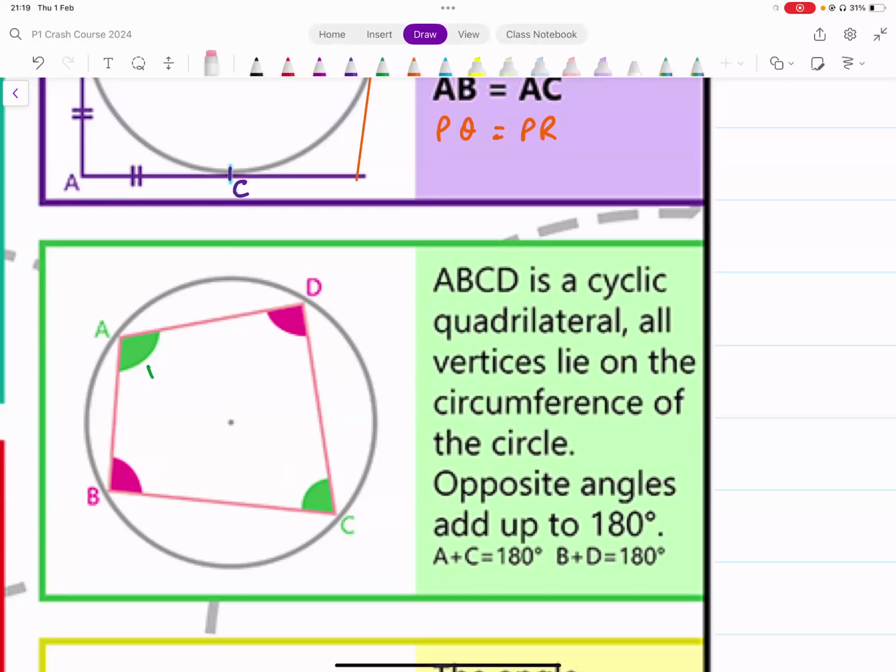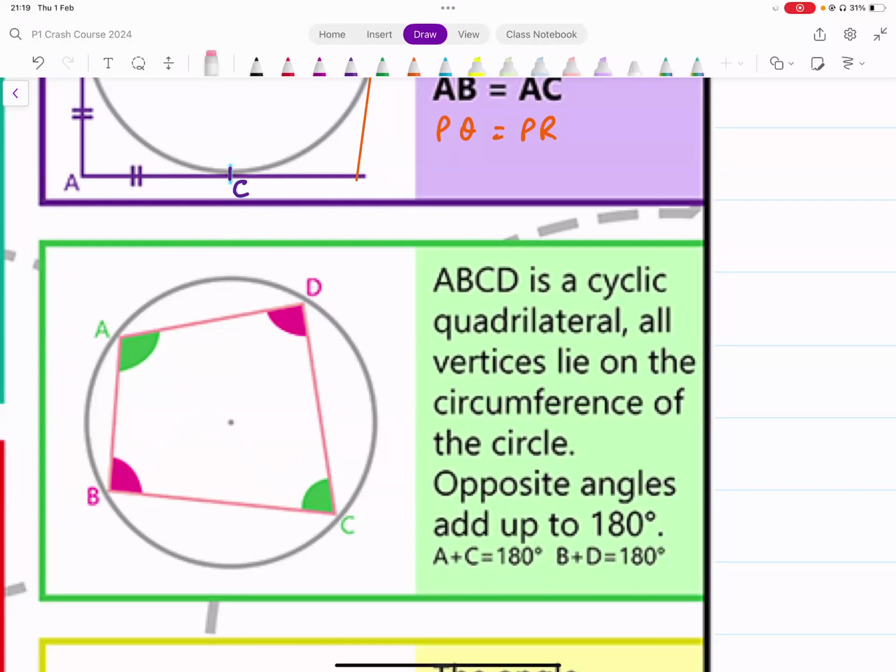Let's say if one was 110, the other would be 70. Okay. And if this one was, let's say, 100, the other would be 80. So the opposite angles need to add up to 180 for a cyclic quadrilateral. Cyclic quadrilateral is a four-sided figure that has all its vertices on the circumference of the circle.